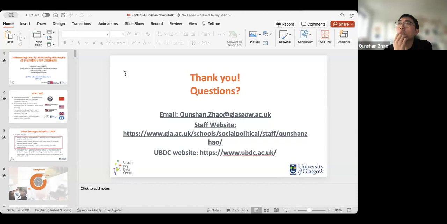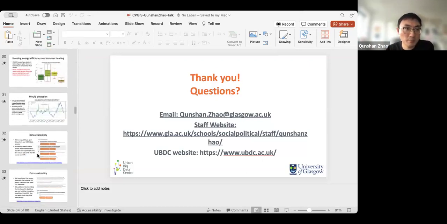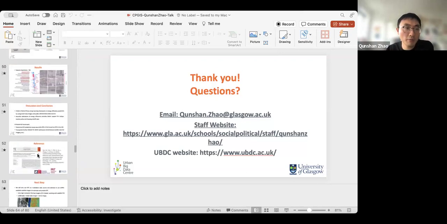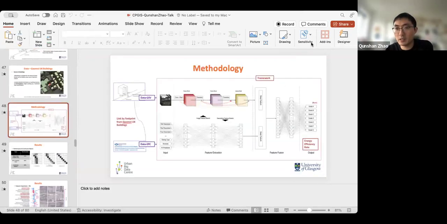I think that really depends on the data. AI is certainly suitable for some types of data. For example, let me see if I can find the slides here. We have used AI to predict the building energy efficiency by using either the official EPC records and also Google Street View.